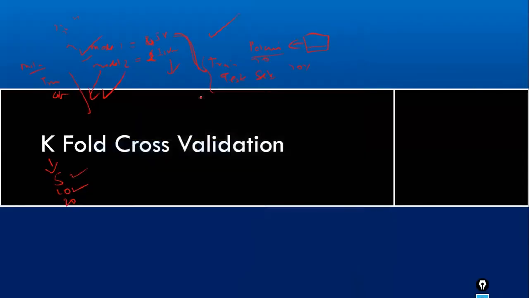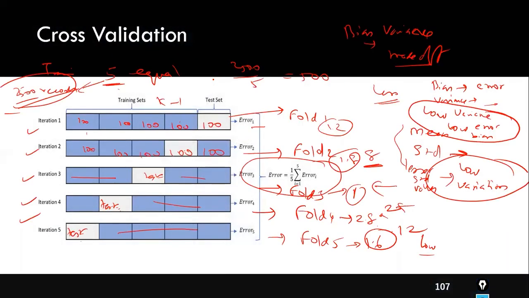I started with this situation, right? Model 1 performs well with this training and test set, but model 2 is performing well with this training set, whereas model 2 does not perform well on this test set. You are in some kind of dilemma. In that situation, if you create 5-fold or 10-fold cross validation, let's say I'm using 10 different training and test sets to run model 1 and 10 different sets to run my model 2.